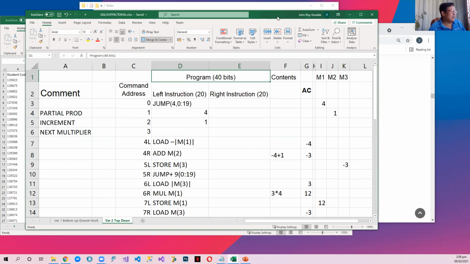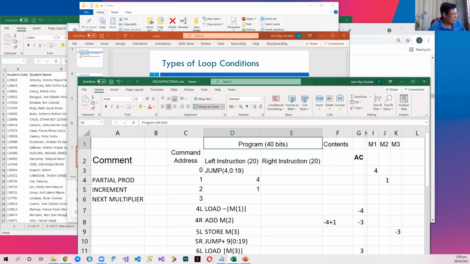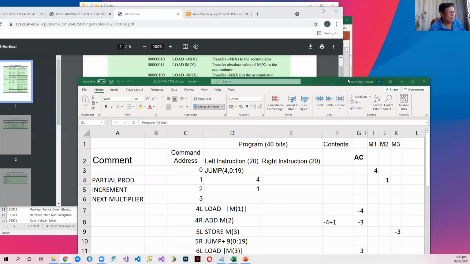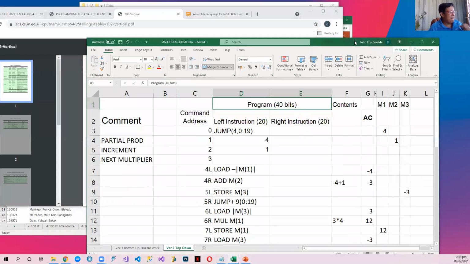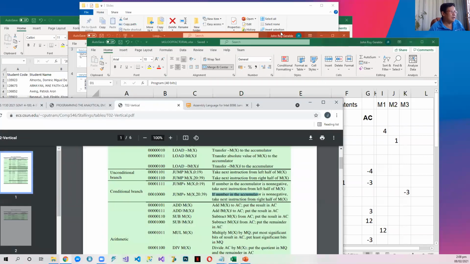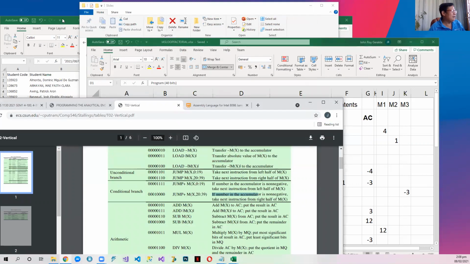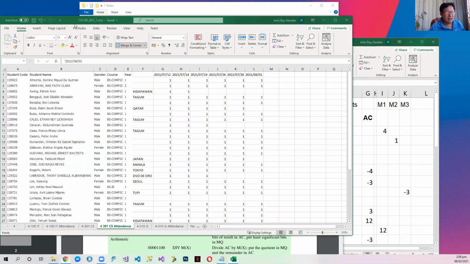Let's put this side by side with our instruction set. This is our program. Do you follow? Let me transfer the others. Let's close this. You can download the slide. The slide applies in any language.